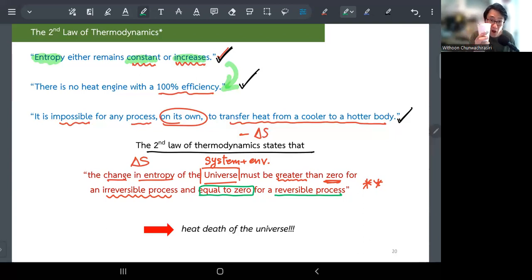If this is like a hot coffee, when you leave it on the table, eventually it's going to cool down. This cup of coffee cannot get hotter by itself because that's the way it goes. And this process increases the entropy because it's an irreversible process. Does that make sense?